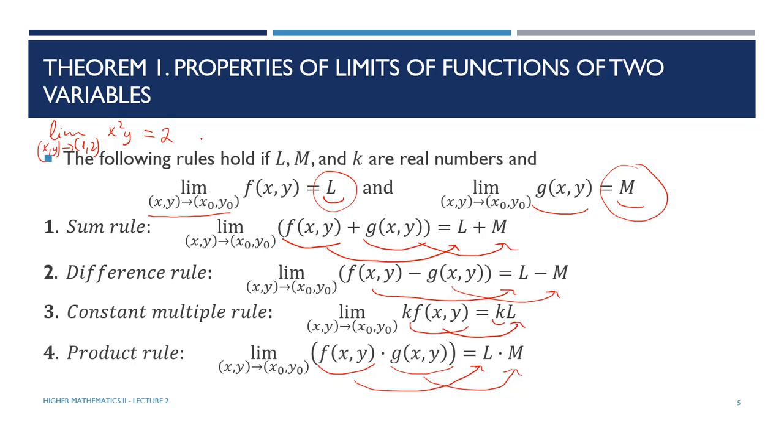So the answer is 2, which is the limit as xy tends to 1 and 2. Let me get another function, which is just xy squared. Okay, plug in 1, 2. It's also the number 2, but it should be different from the previous one, so it is 4.